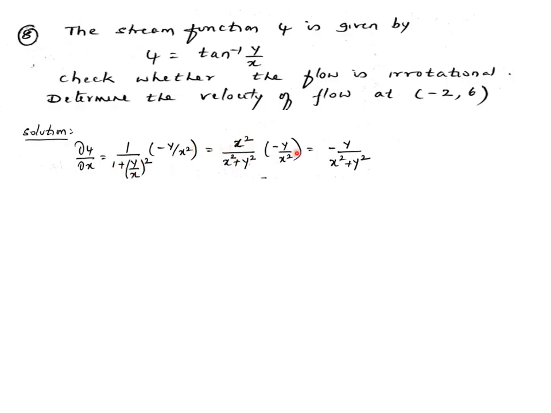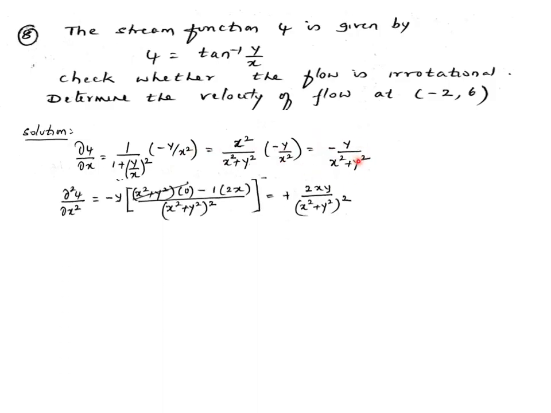So x square and x square cancel out, and you are left with minus y by x square plus y square. Similarly, one more differentiation: minus y is a constant, the differentiation of the numerator is 0, and the differentiation of the denominator is 2x by denominator square, so you get 2xy by x square plus y square whole square.